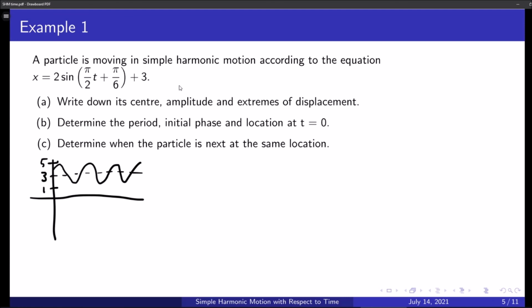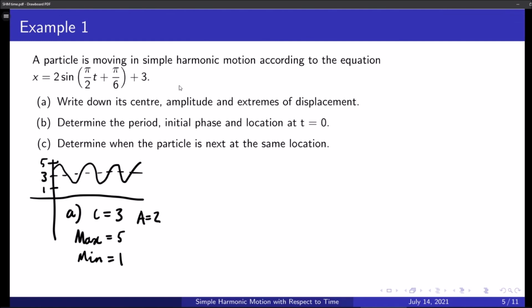So 2 above 3, 2 below 3. So we can write for A: the center equals 3, amplitude equals 2, and extremes of displacement, its maximum is 5 and minimum equals 1.